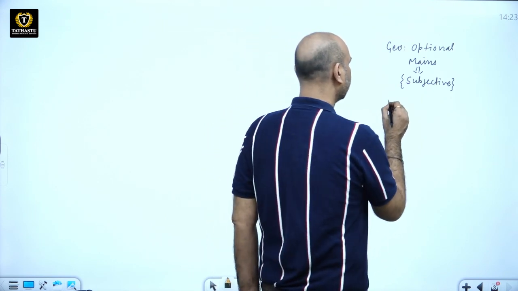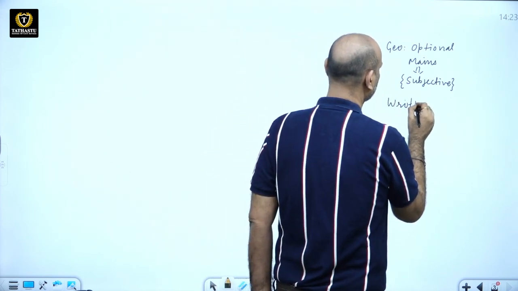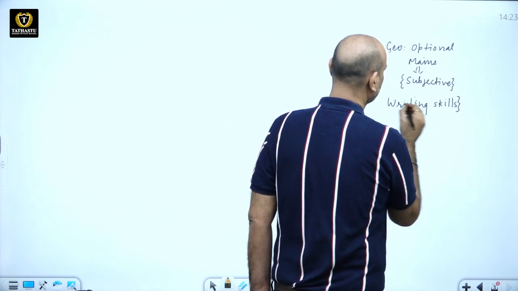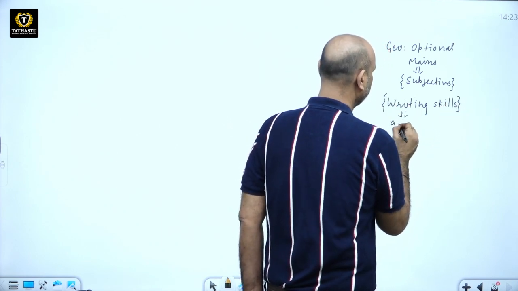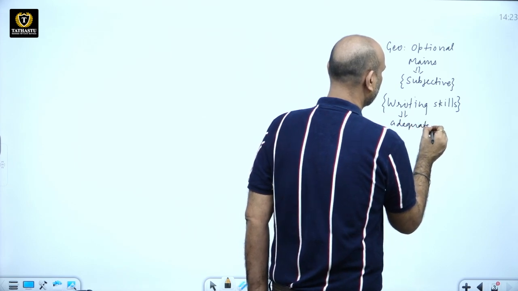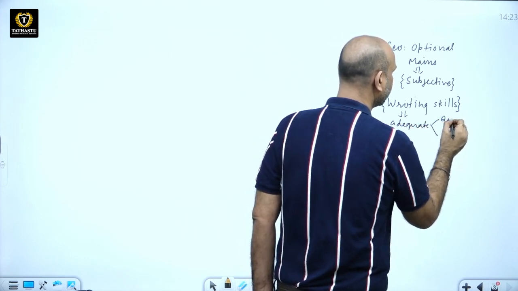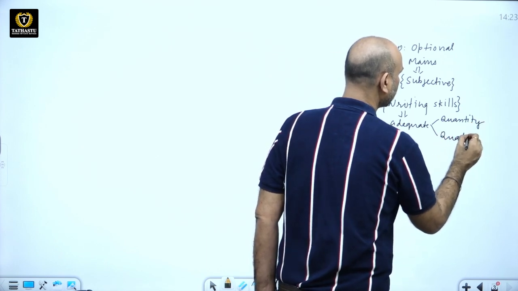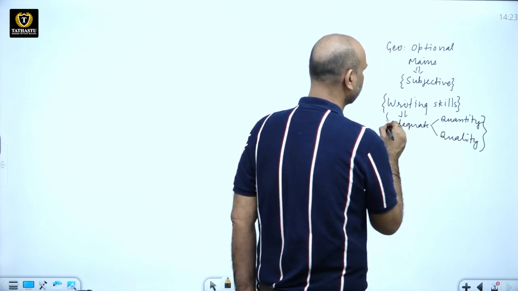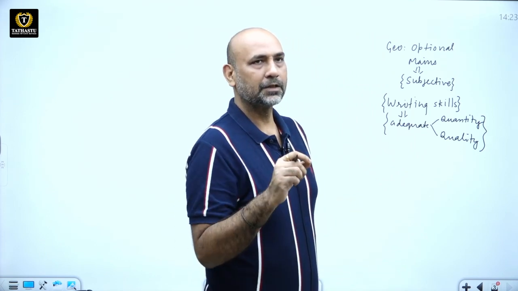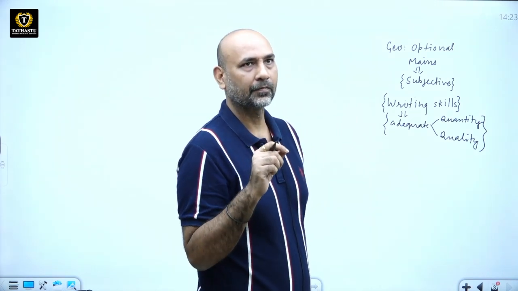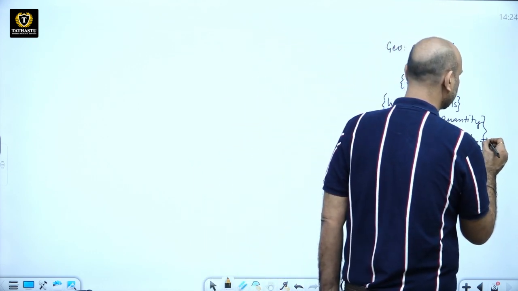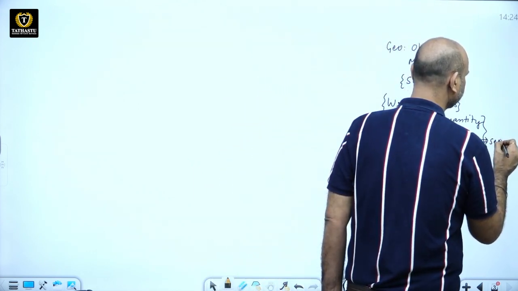We need to have writing skills, and that must be adequate in terms of the number of words you write as well as the quality we maintain. So there must be adequate speed with flow and the quality of precise and concise sentences.